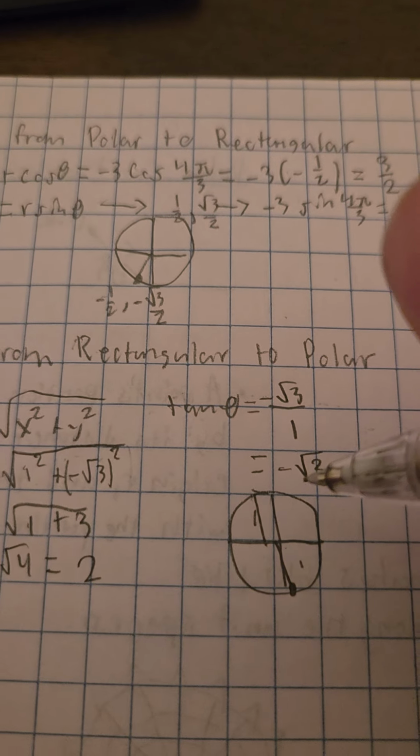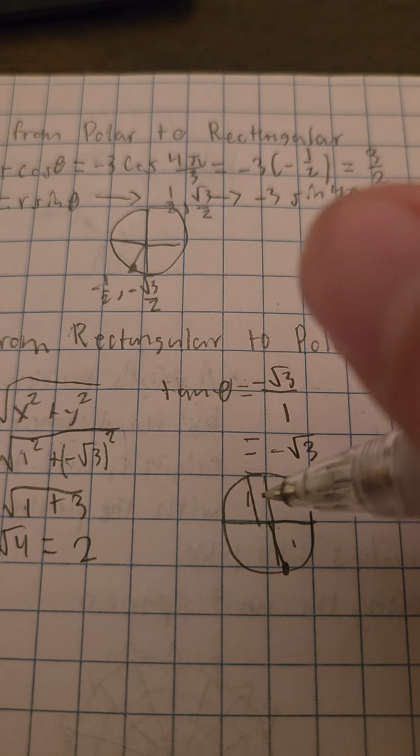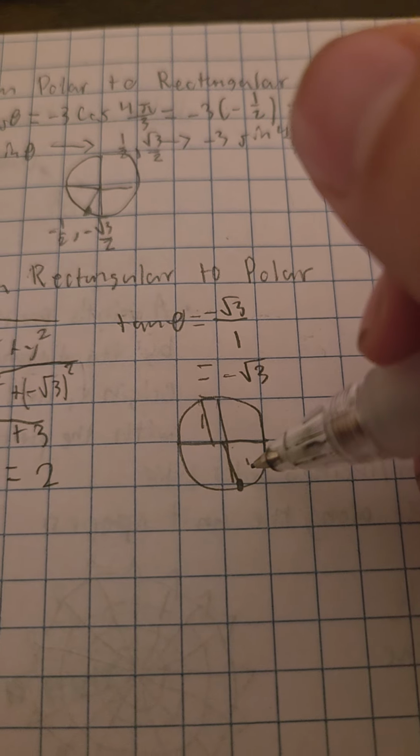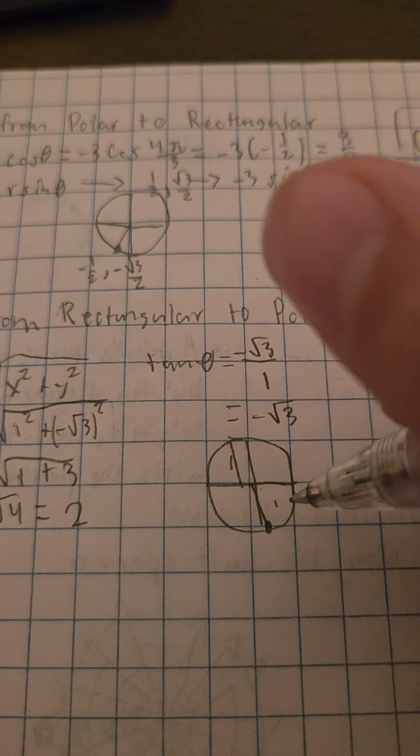And if we go back to our tangent, we know that the y is negative, so it's not quadrant 2, it'll be quadrant 4, because that's where the y is negative.